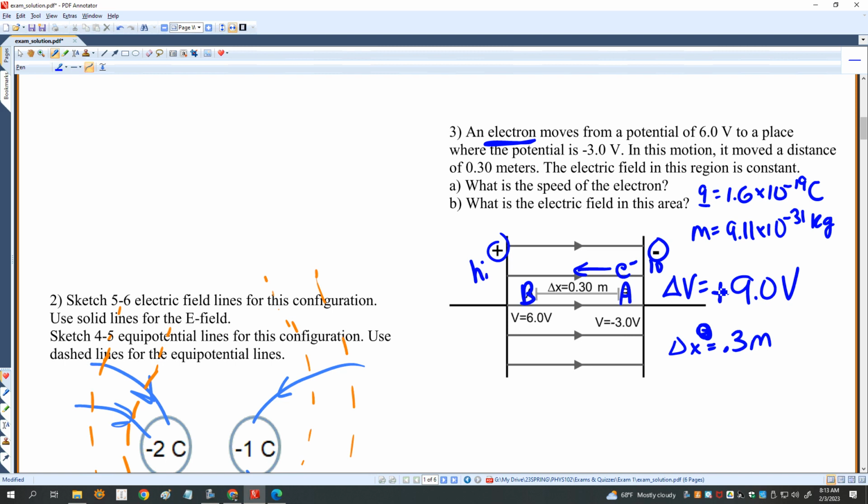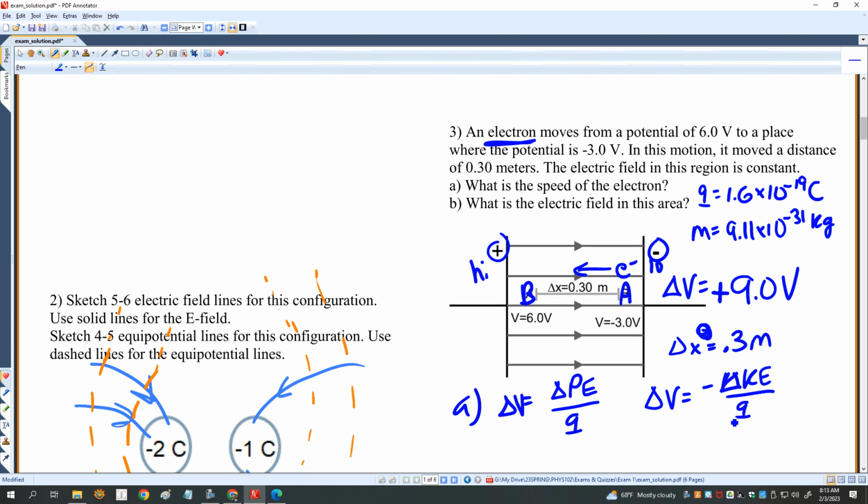All right, so I want to know first, what is the speed of the electron? So I know that my change in potential is equal to my change in potential energy over Q. That's how I've defined my potential, that it's delta PE over Q. So that means that I can rewrite this and say that it's equal to the negative of the change in kinetic energy over Q, right?